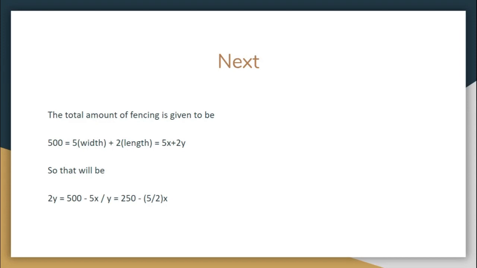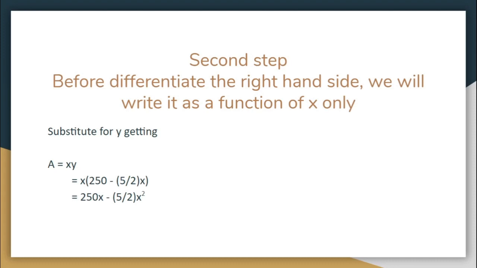So that will be 2y equal to 500 minus 5x, or to be much easier, y equal to 250 minus 5/2 x. Second step, before differentiating the right hand side, we will write it as a function of x only.